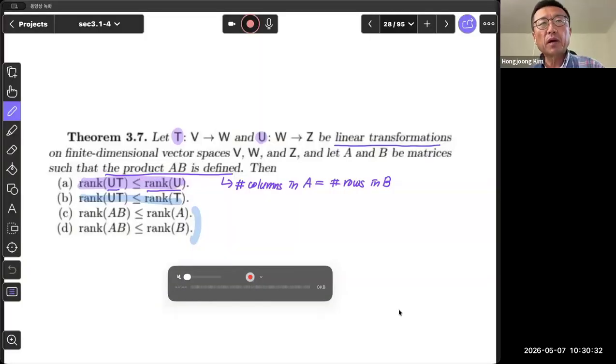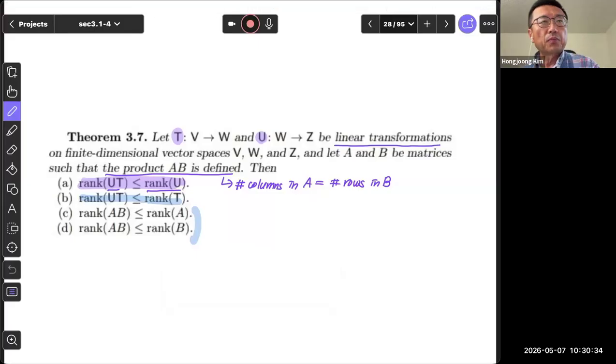Okay, welcome to the linear algebra class, and let us consider Theorem 3.7. We proved Theorem 3.7, and as I said, its meaning is that when you have two matrices A and B, their product cannot increase the rank.